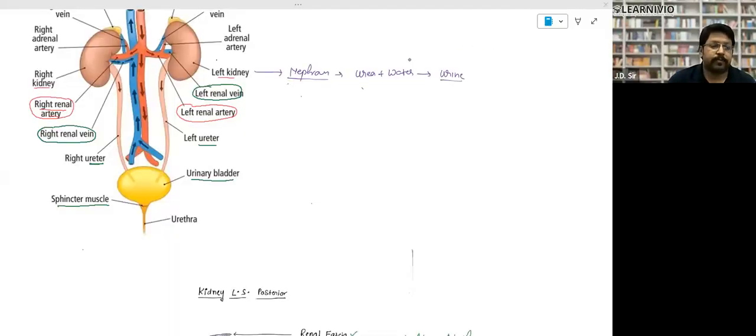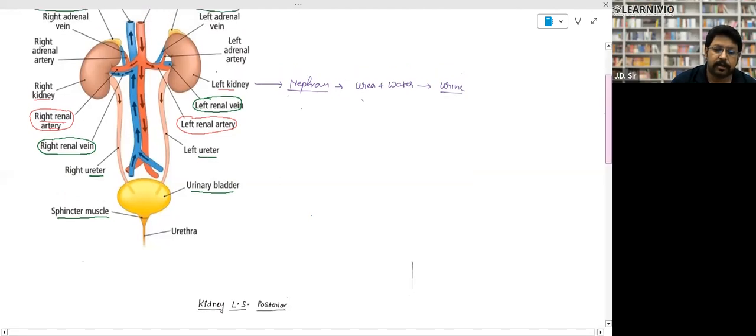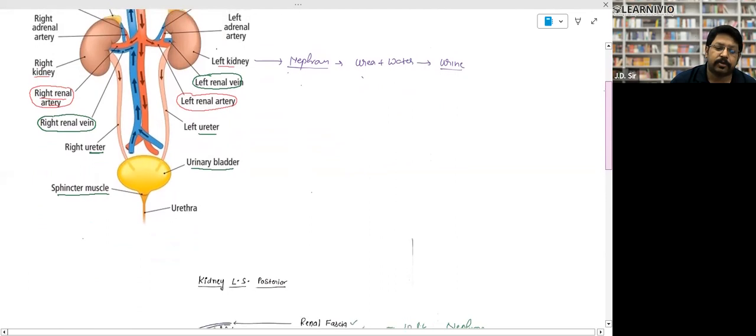When we go for urination, external sphincter open and urine is released, right? So this is our excretory system.